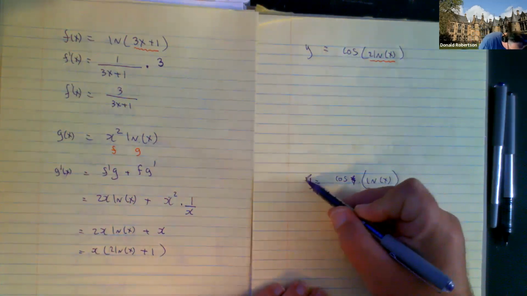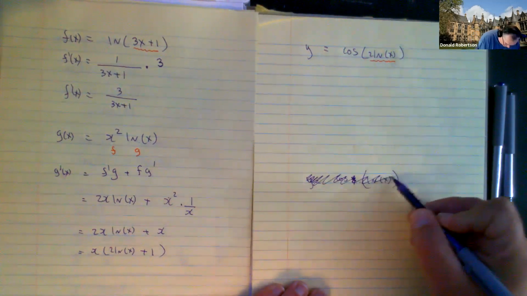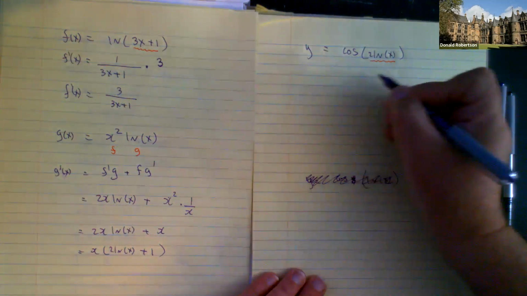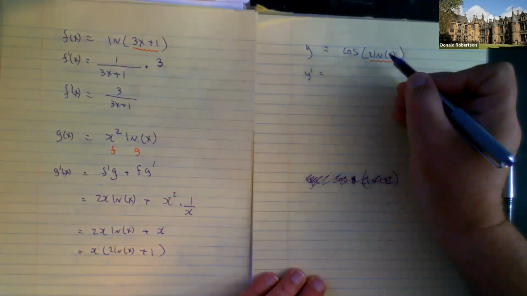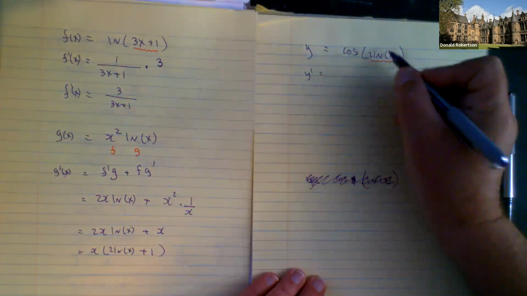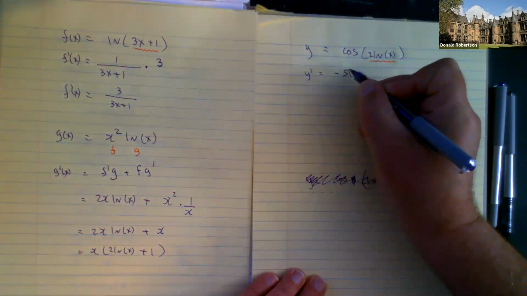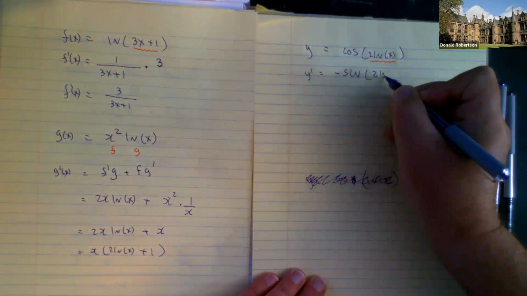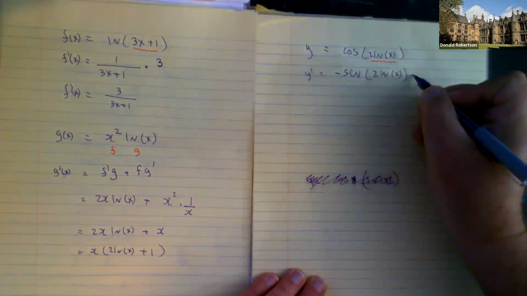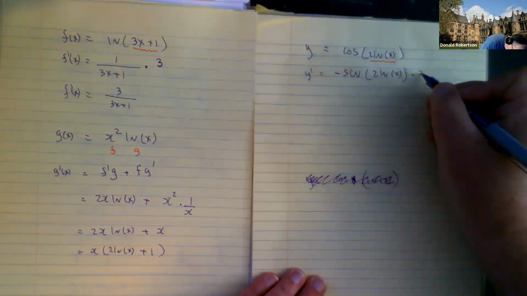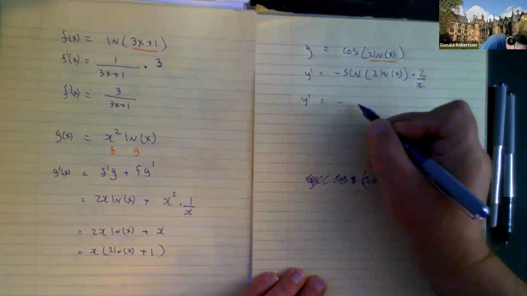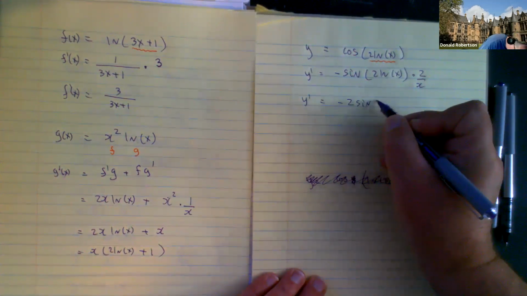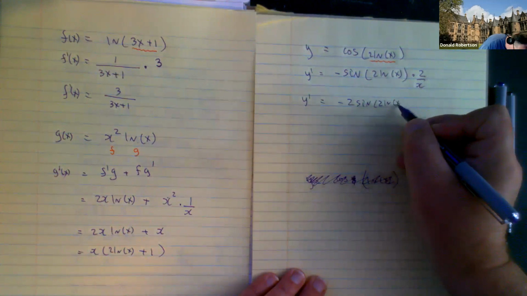So easy to, well, with my eyesight anyway, it's easy to miss something like that. So we are looking at the cosine of the inside function. Its derivative is negative the sine of the inside function times the derivative of that guy, which is 2 over x. And there's really not much you can do to this as far as style points go.